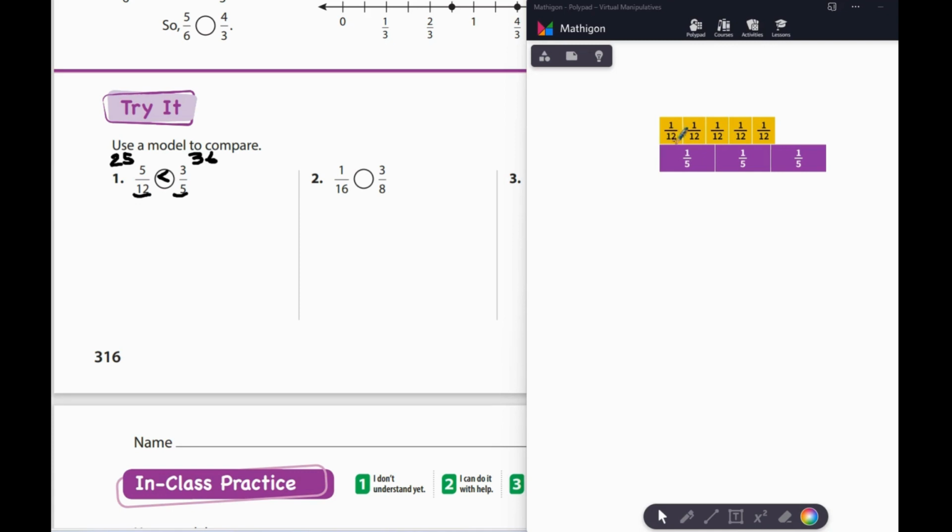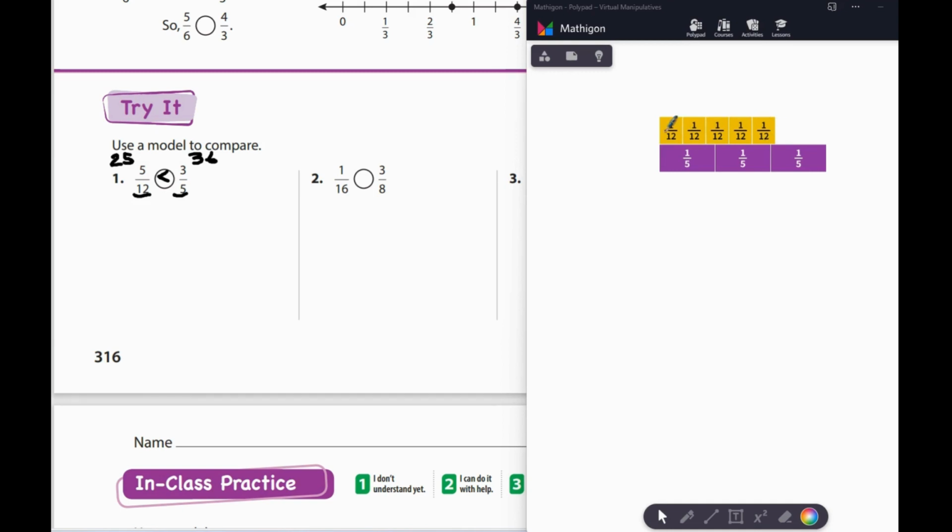So if the denominator is greater, if 12 is greater than 5, that means that my pieces are smaller, my parts are smaller, because I'm sharing it with more people. See, look over here. The smaller denominator has greater parts. The greater denominator, exactly, has less parts.